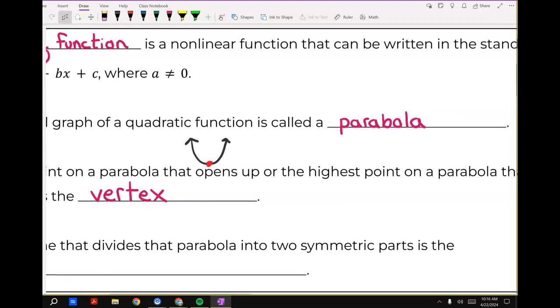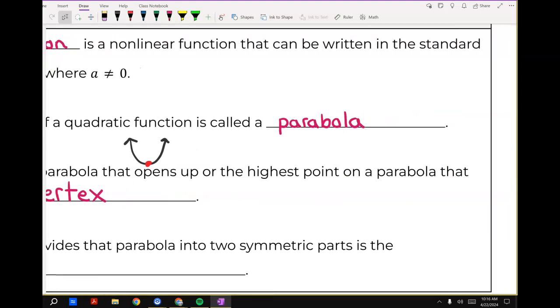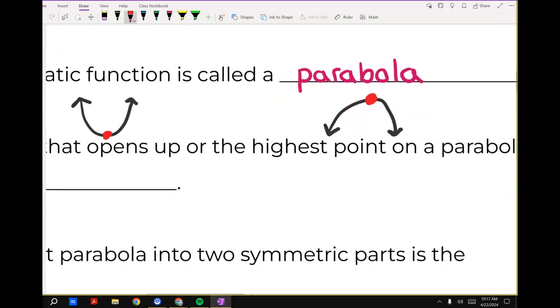If it's opening down, it's like a frowny face. So that's a terrible looking parabola. This would be an example of a parabola opening down. In that case, that makes our vertex at the top of our graph instead of at the bottom.